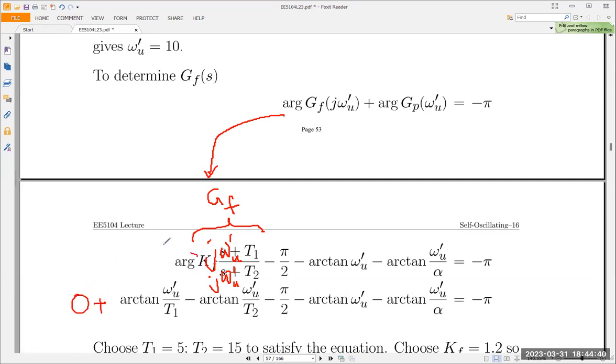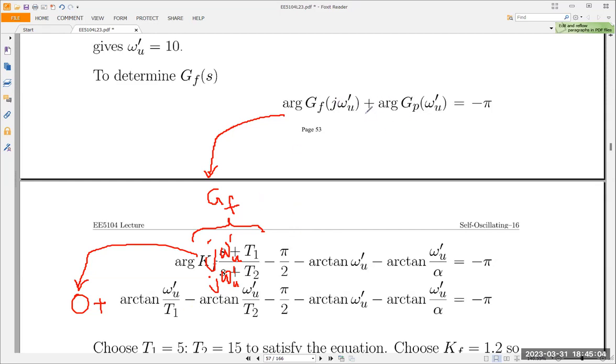The phase of the numerator is arctangent of omega u prime over T1. The phase of the denominator is arctangent of omega u prime over T2, and because it is in the denominator, you put a minus. These are secondary school complex numbers, so I can't teach that anymore.